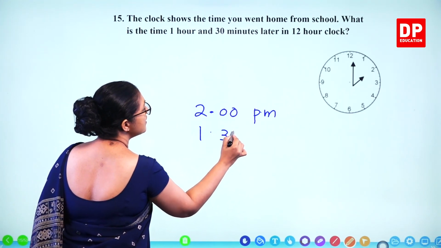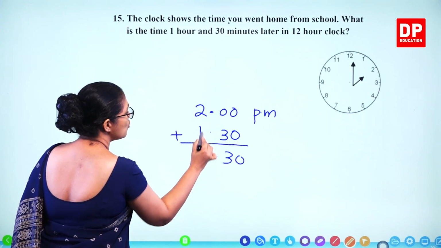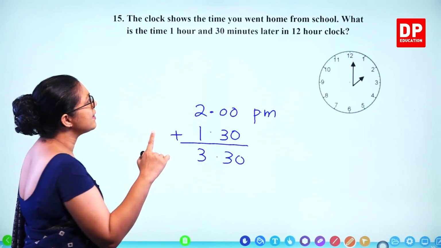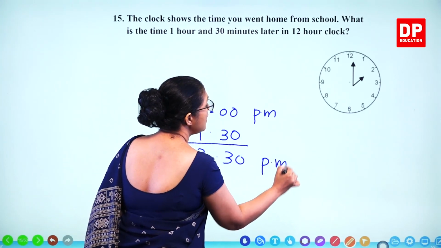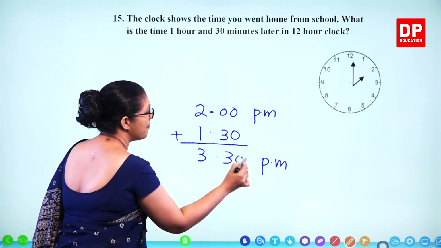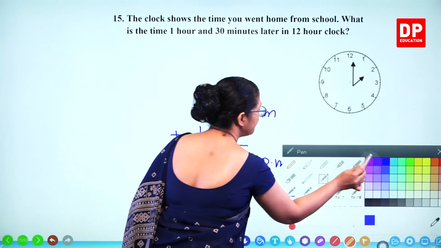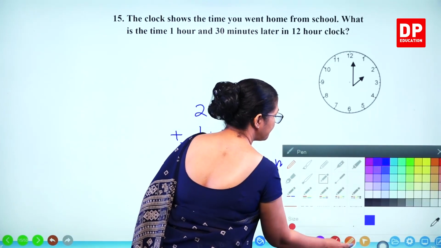So add 1:30 to that. You get 30. 2 plus 1, 3. So 3:30 p.m. because we need to give it in 12-hour clock. So 3:30 p.m. You get 2 marks for that.